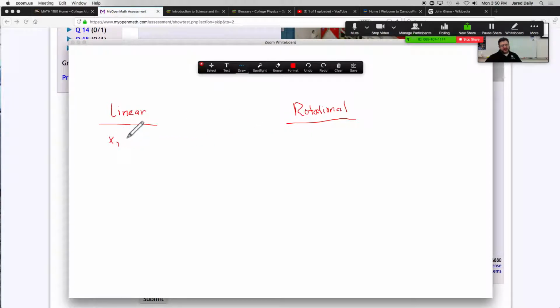So x is a position, displacement is delta x, right? Delta x, which is equal to your final position minus your initial position, right?